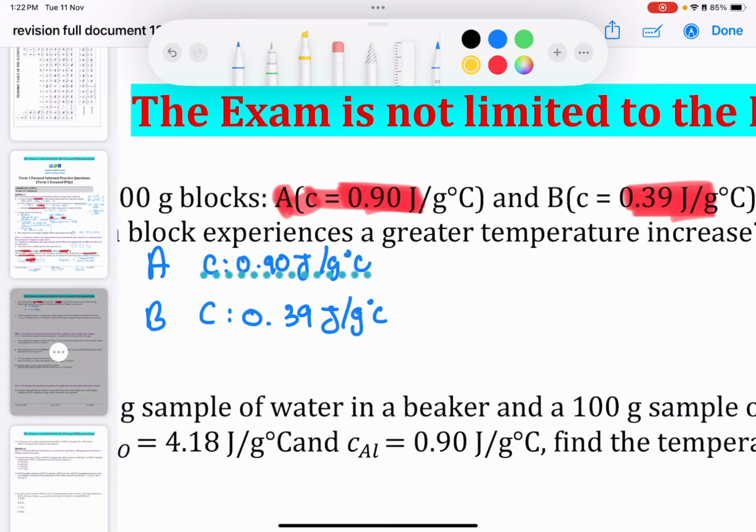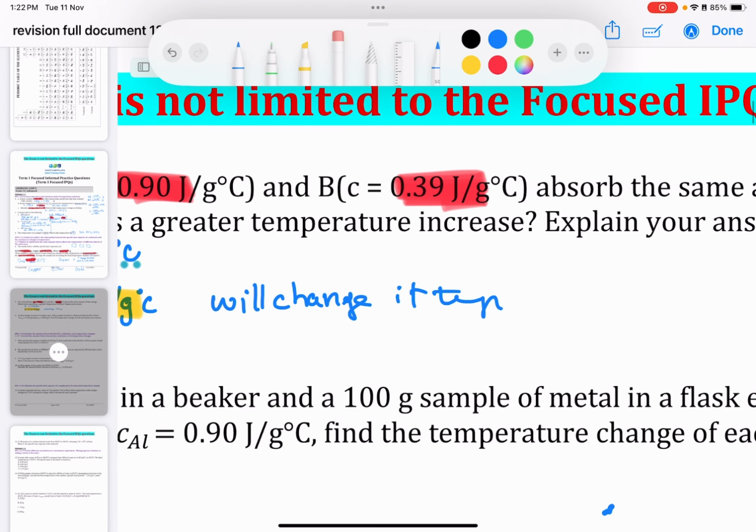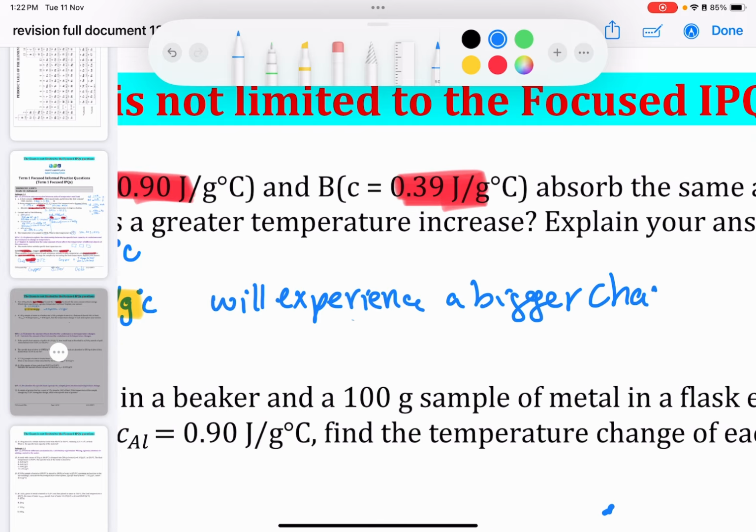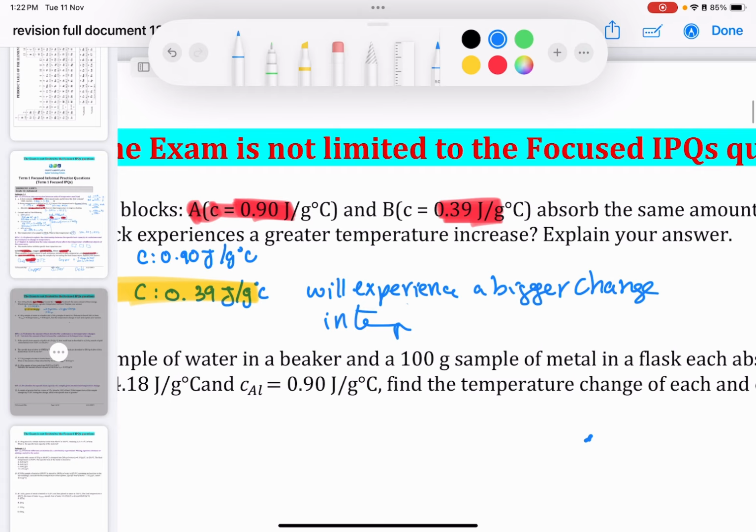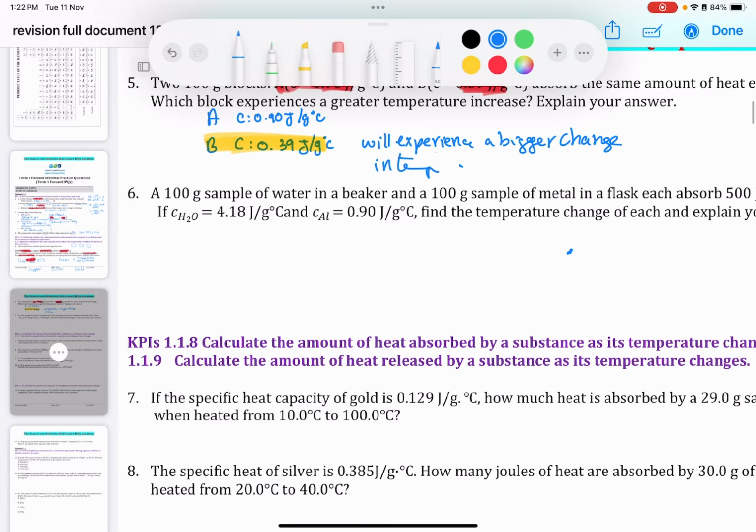So if I heated A and B for the same amount of time, B will experience a bigger change in temperature compared to A. And that is because B has the lowest specific heat capacity. You need to mention that in your answer.